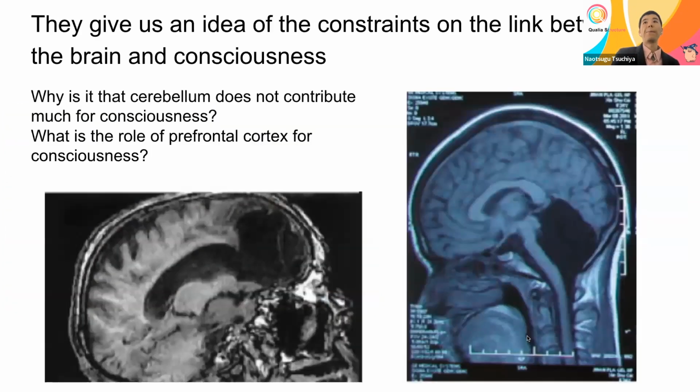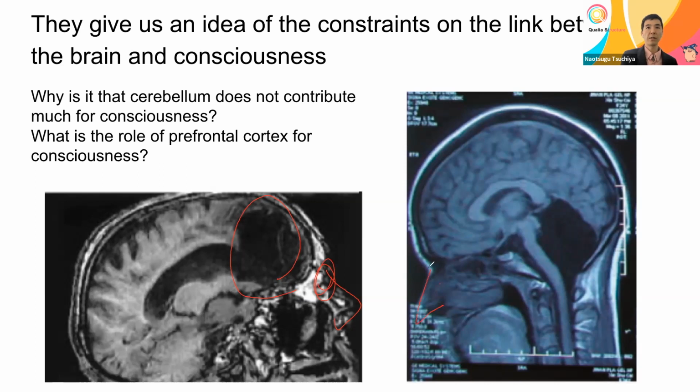And this is a particularly striking case, a patient who doesn't have a part of the frontal areas, like here. This is the nose, and this is the eye. So you can see that the frontal part of the brain is missing here. And this is a patient who doesn't have a cerebellum, which we'll discuss later today.